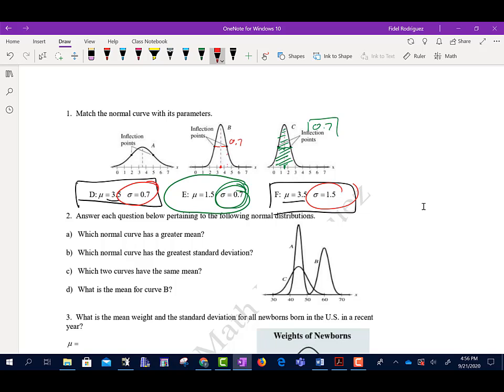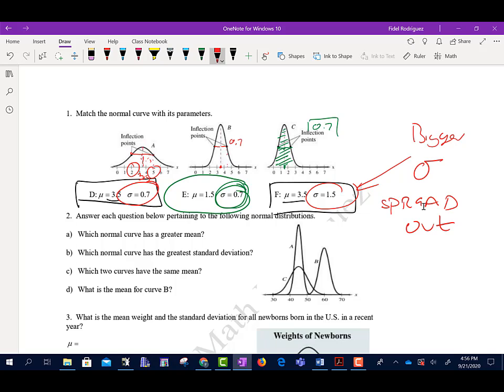Now look at this one here, 1.5. Here's my 3.5, here is my mean. But look, if I add 1.5 to it, 3.5 plus 1.5 would give me 5. Or 3.5 minus 1.5 would give me 2. So you can see that the bigger the standard deviation, the more spread out the graph is going to be.